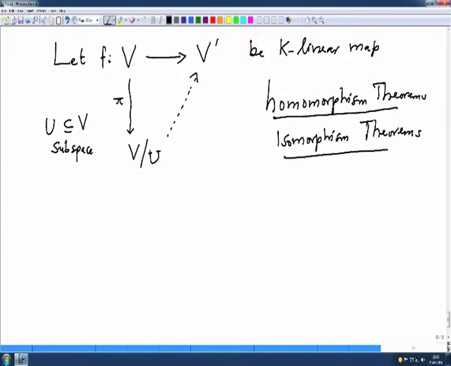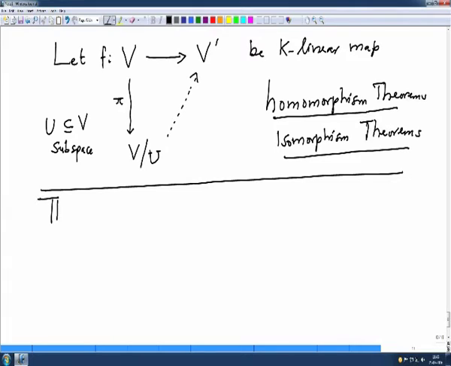So, I want to state them very precisely. Once you state them very precisely, the proofs will come obviously. So, a little more general situation than this. I want to state it as a theorem.